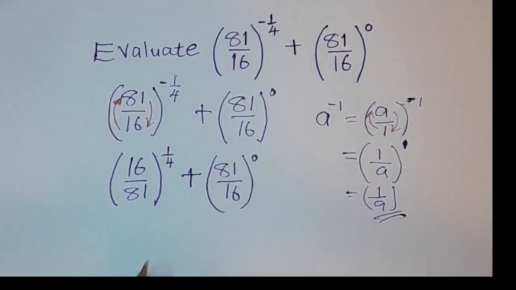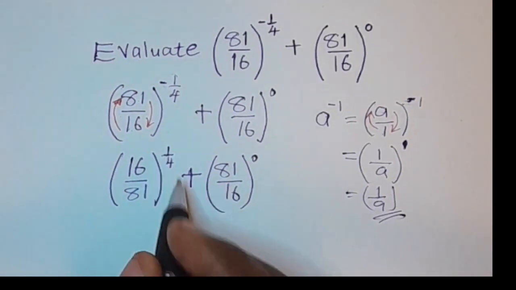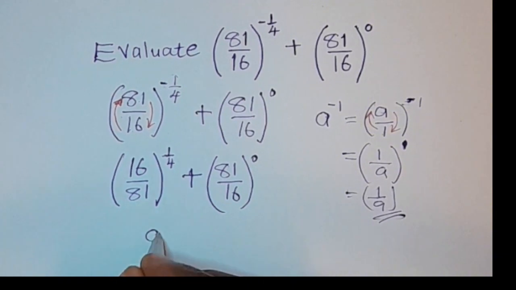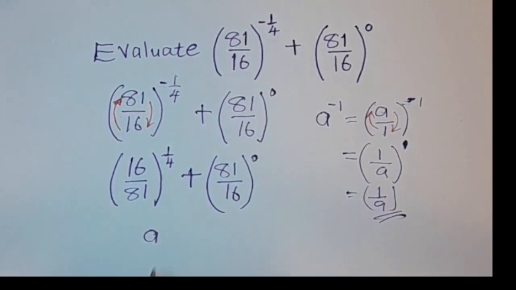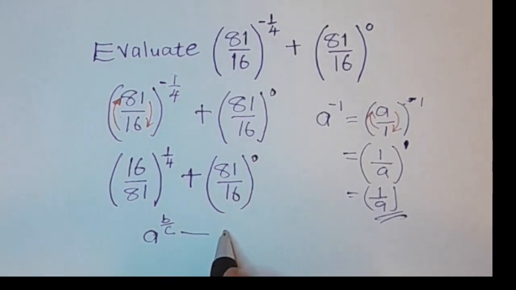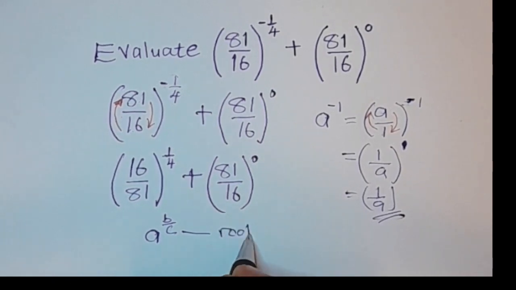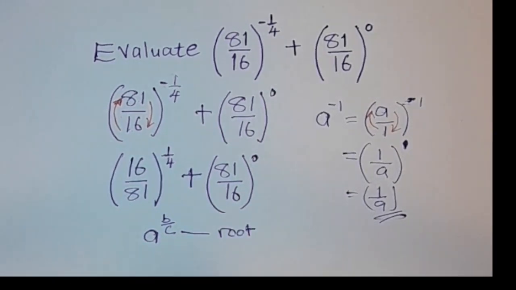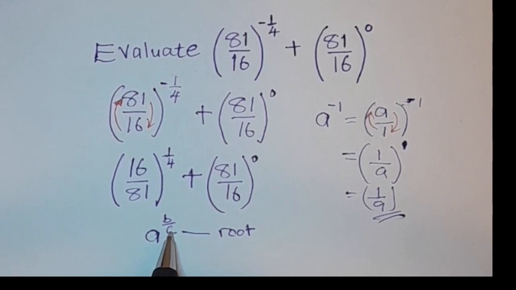Now, if you have a number A raised to the power B over C, the C here stands for the root. If the denominator is 2, they're asking you to find the square root of this number.